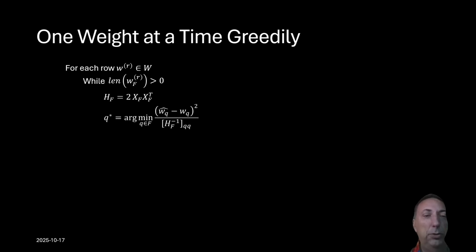And we choose Q depending on the error for the weights. So if a weight happens to be close already to a quantized value, then this is going to be small, and we're going to want to quantize that first. In other words, if a weight is already close to being quantized, just quantize it, get it over with, and we can focus our attention on the weights with larger error and distribute those.